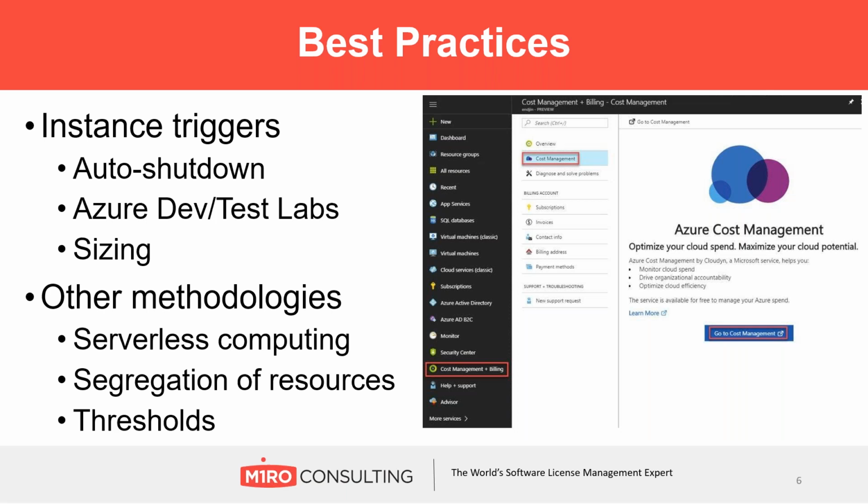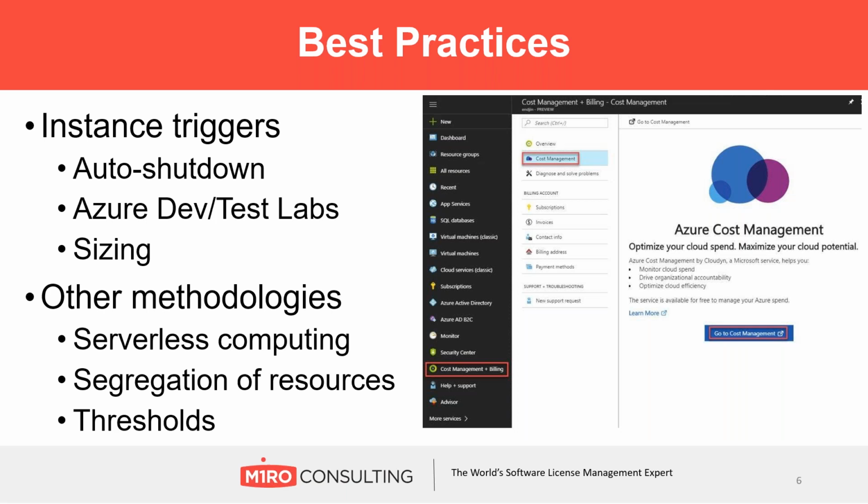The first is called auto shutdown, and it allows for an Azure instance to be stopped and deallocated at the prescribed time. Right? This is often used for development purposes or for demonstration purposes. Now, if you are architected in such a manner that you've isolated development from production support, the use of Azure Dev Test Labs can help reduce the cost associated with that development environment because it is free.